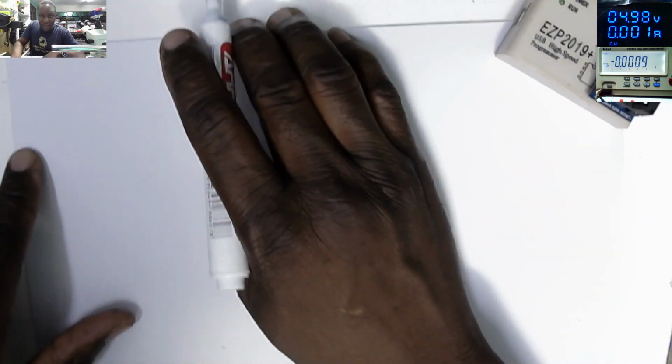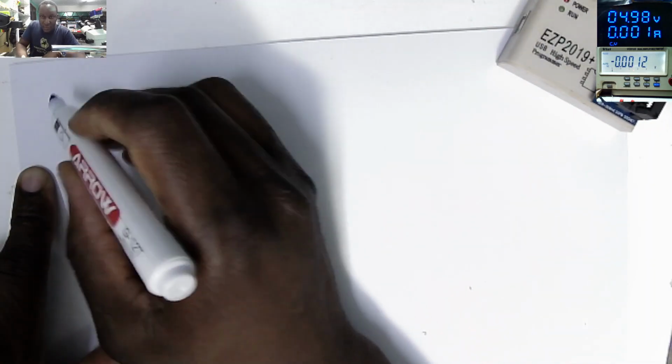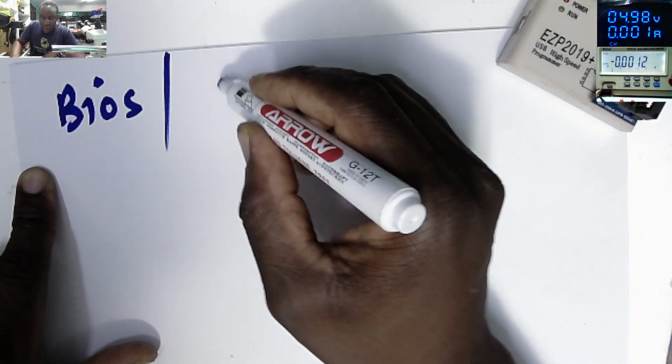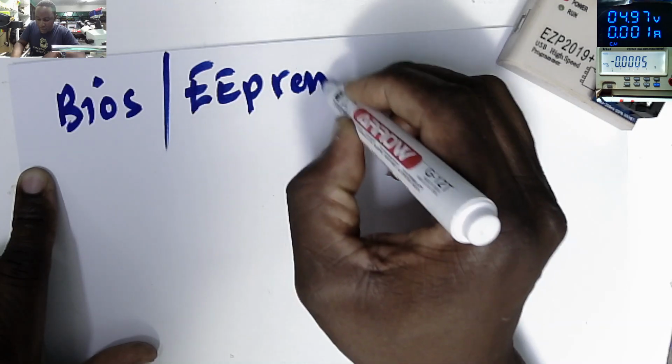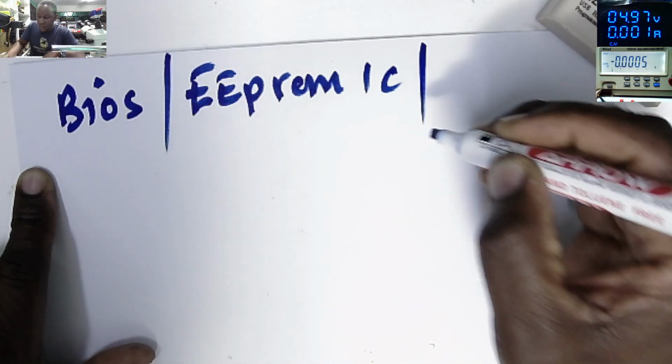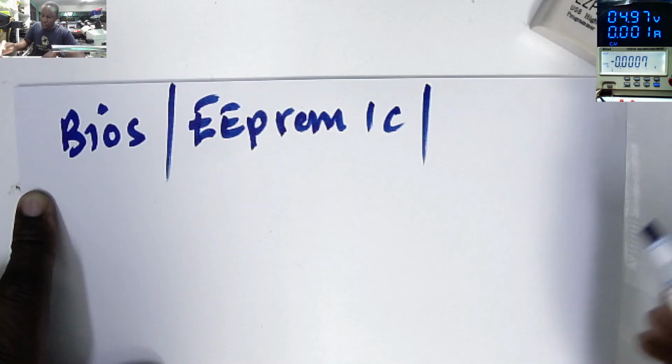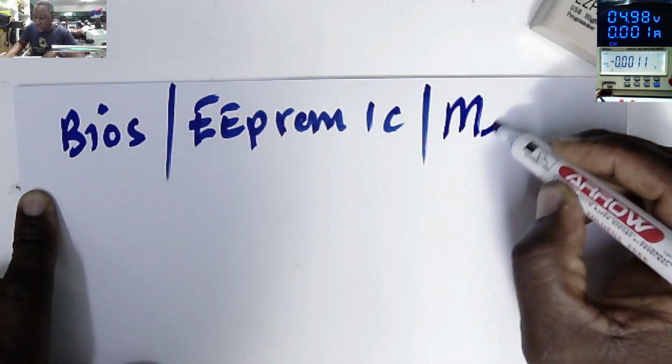First of all, we have to understand what an EPROM IC is. Some call it BIOS, or EPROM IC, or memory IC.